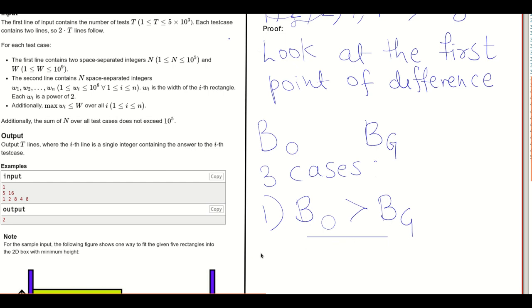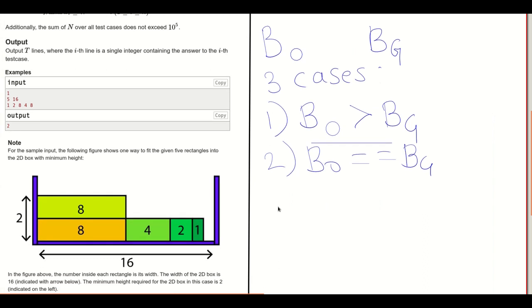The second case is that the optimal has the same width as the greedy, but that is not a difference. We want to look at the first point of difference, so this is also not relevant for us. The only thing that will be relevant is when the width of the optimal rectangle is less than the greedy rectangle at that point of difference.